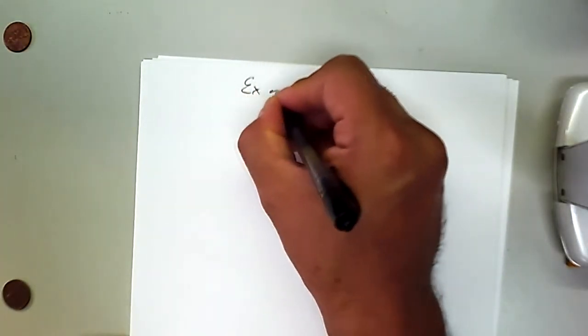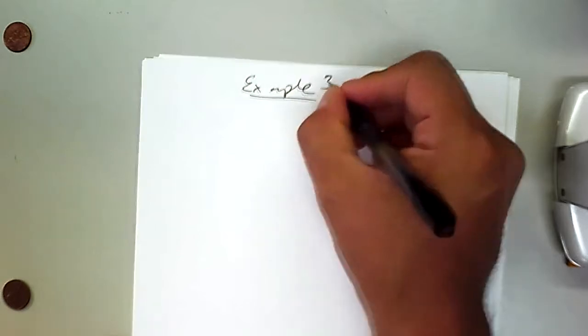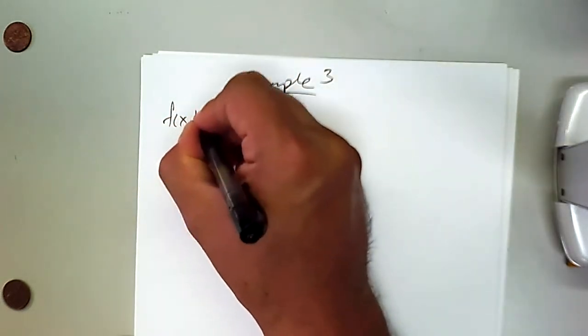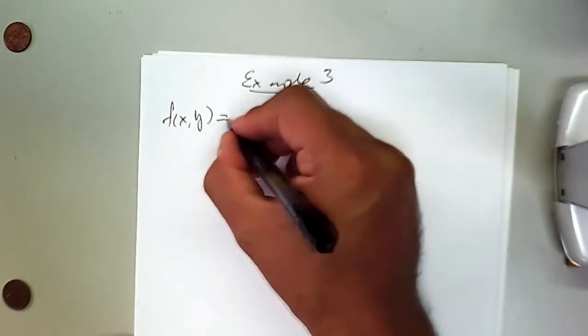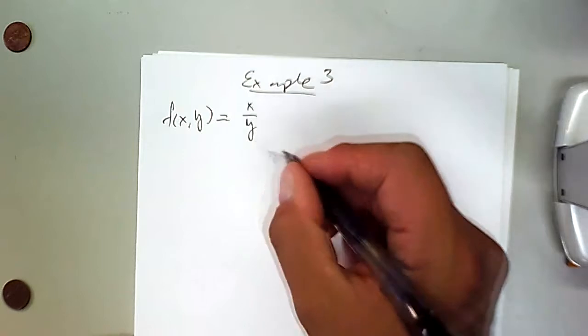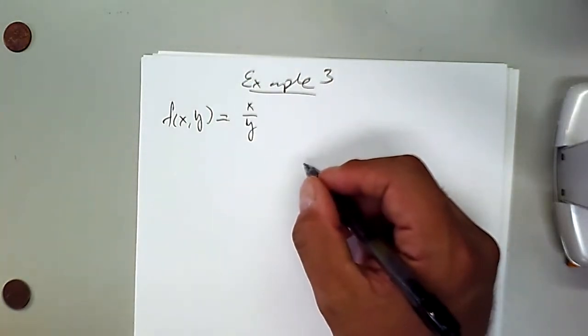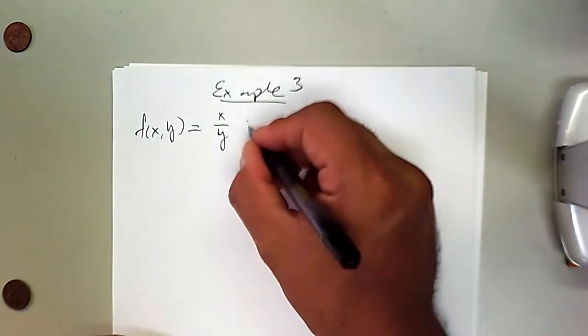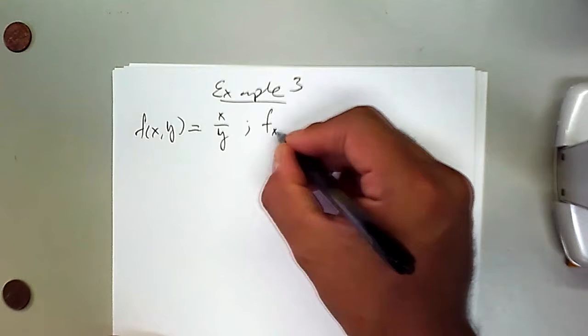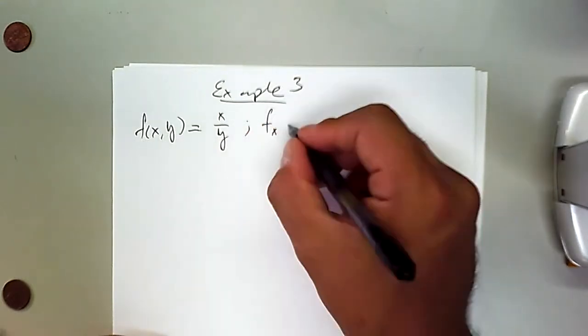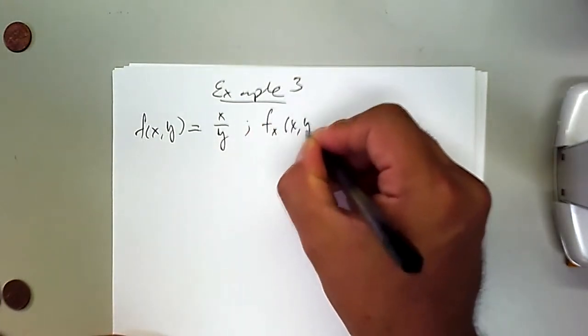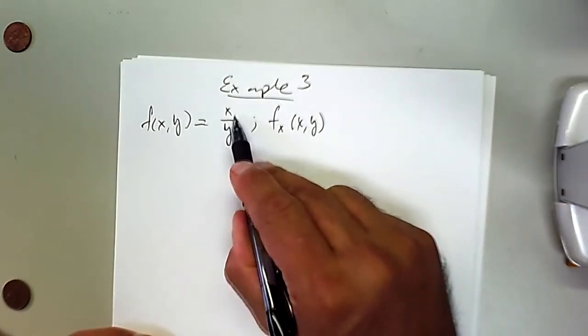Let's do another example, a simple example, example 3. If f of x, y is, say, x over y. Okay, that's already a little confusing. So the partial of f with respect to x. So x is the variable, y is a constant.